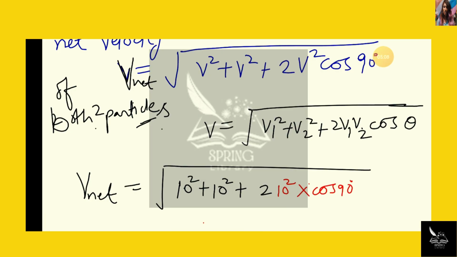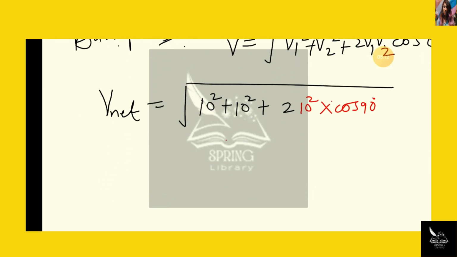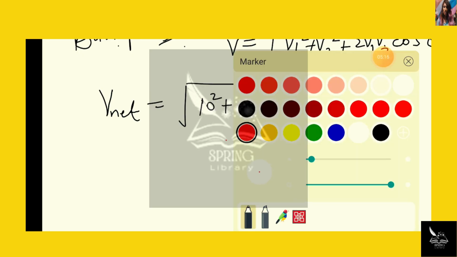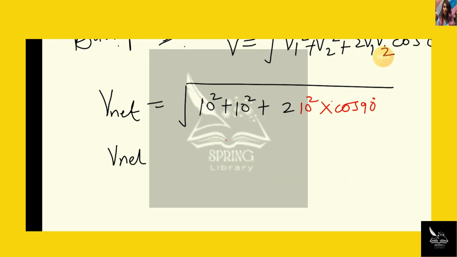Now simplifying it, I get v net equal to 10 square root of 2 meter per second, making an angle of 45 degrees with respect to the x axis.